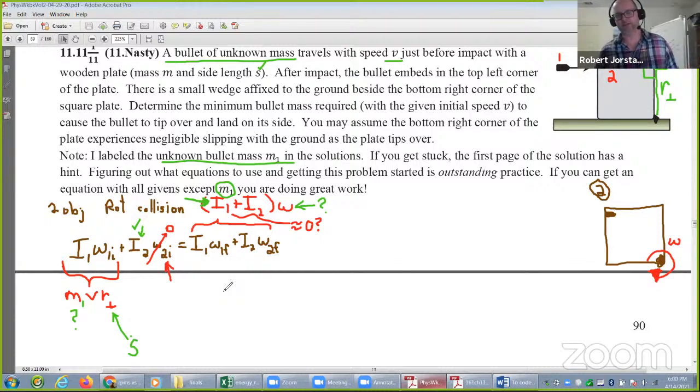How many equations do you need if you have two unknowns? Two. You probably heard your math teacher say 2 equations, 2 unknowns, solve it. Well, we only have 1 equation, 2 unknowns. We need another equation. So that means we got to keep working.